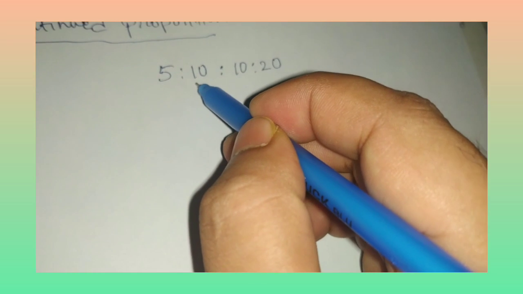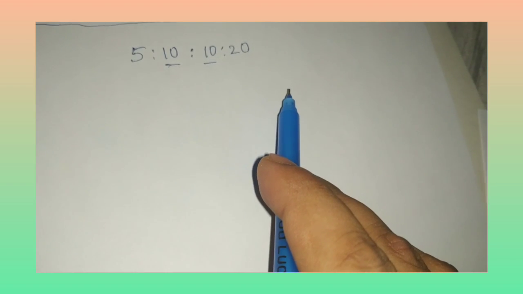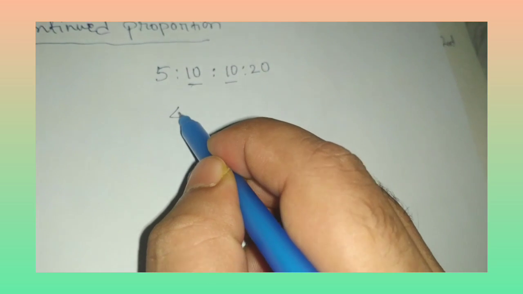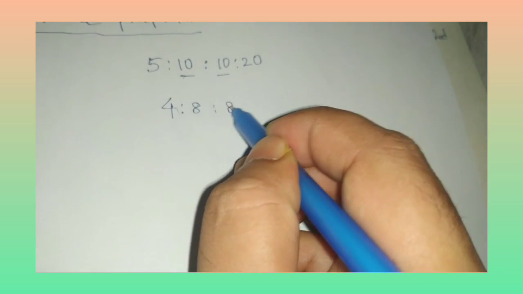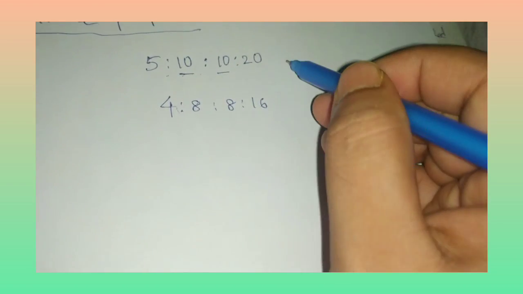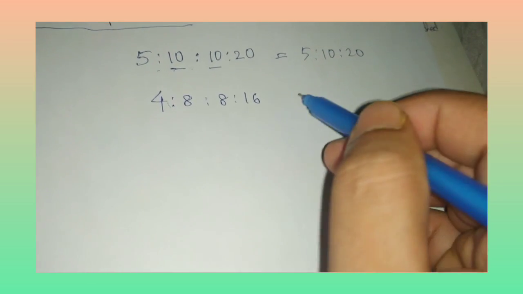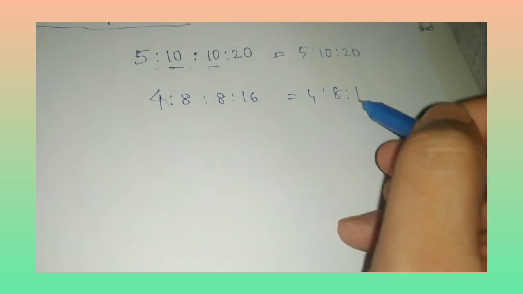Suppose you have ratios in such a form that the second and the third quantity are the same. This type of ratio is called continued proportion. I'm giving you another example: 4:8 is to 8:16. So 5:10 is to 10:20, when we write it as a successive ratio, we can write it as 5:10:20, or this we can write as 4:8:16, right?